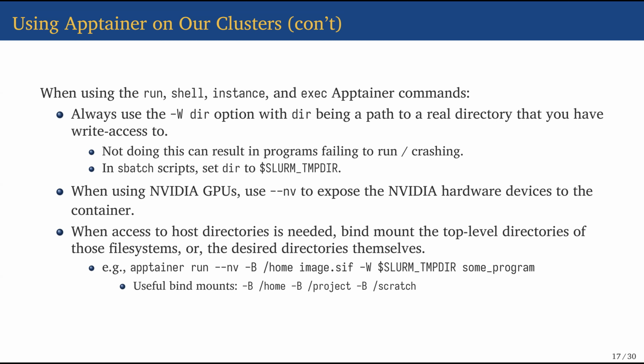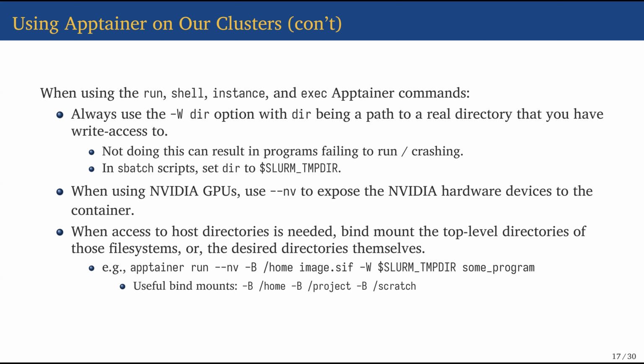If you're using Singularity interactively, on the command line typing in commands, the directory you put after -W, just make sure it's some empty directory somewhere on a file system that you have write access to. Do that.